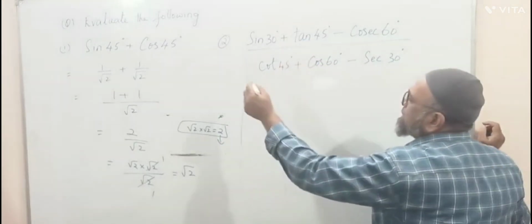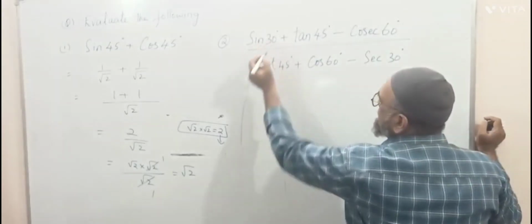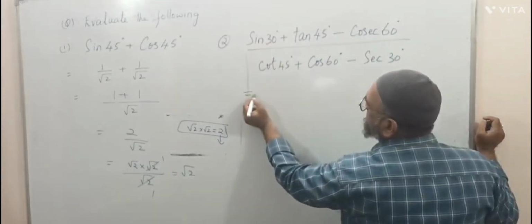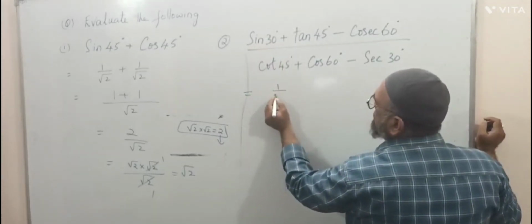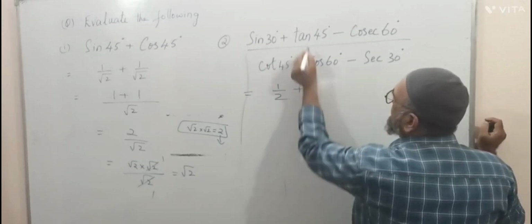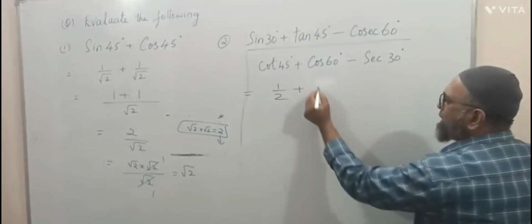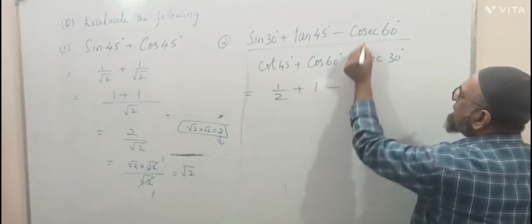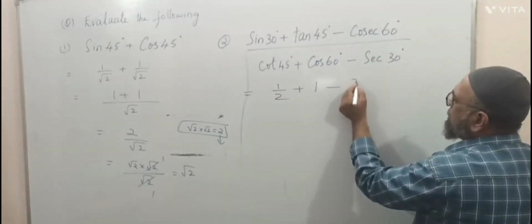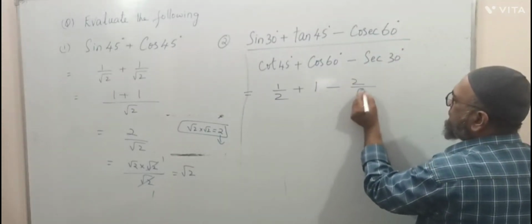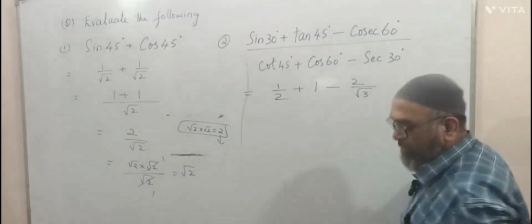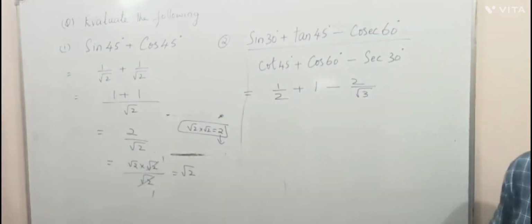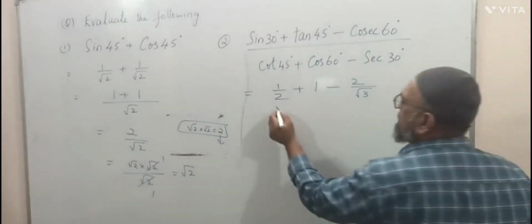How we will solve this? Value of sin 30 is 1 by 2 plus value of tan 45 is 1 minus cosecant 60 is 2 divided by root 3. Value of cosecant 60 is 2 divided by root 3.